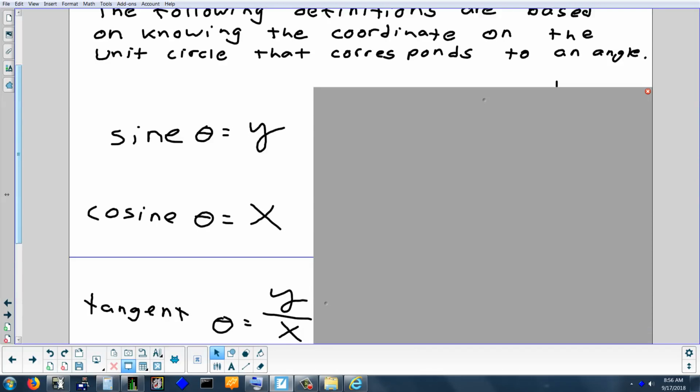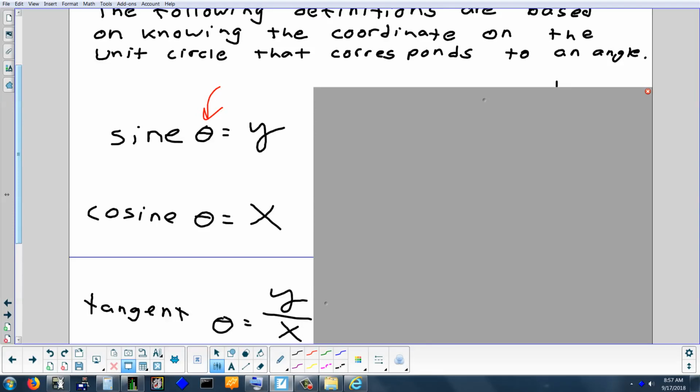If I ask you a question about the sine of an angle, you would plug in an angle right here, like 0, 90, 180, 270. And I asked you the sine of that angle. What I want you to do is just tell me the y value of the coordinate for the angle. That's it. There's no calculation, nothing you have to do. Just fill in the y value.